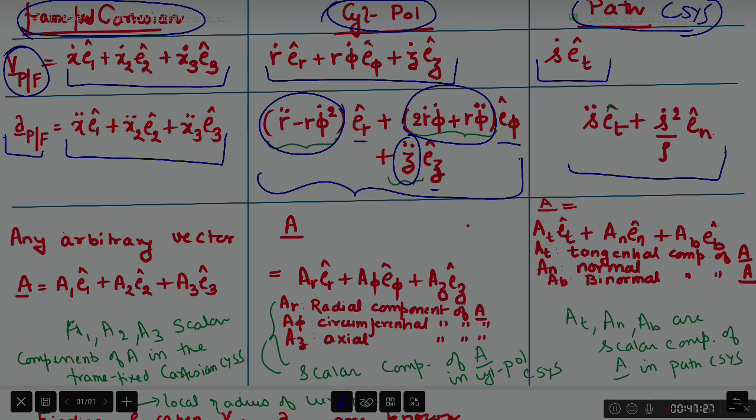These expressions will prove very handy when we try to solve problems of practical interest, and at that time we will have to make this judgment ourselves as to which coordinate system would be better for us.